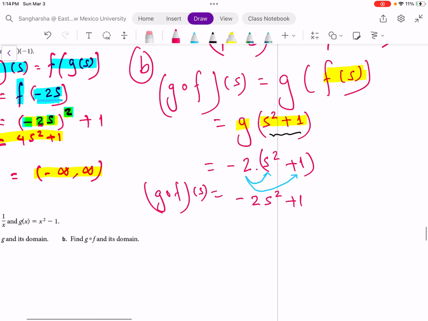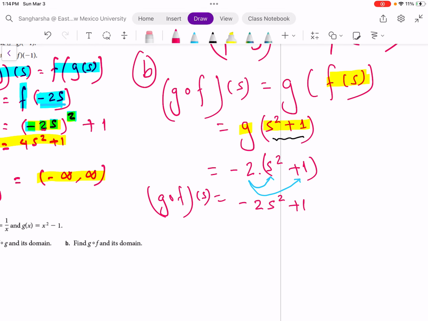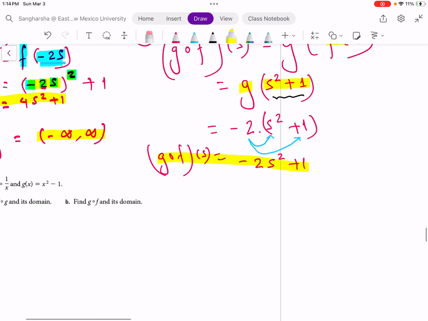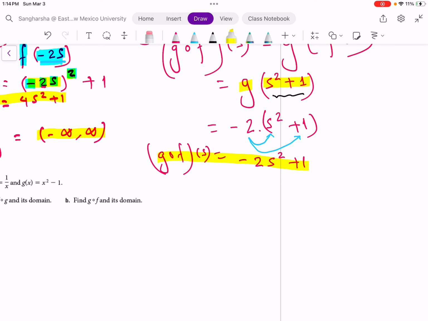Next we need to find the domain for this g composite f function. Finding the domain means we want to know what kind of number we can choose for s so that we get a real output.